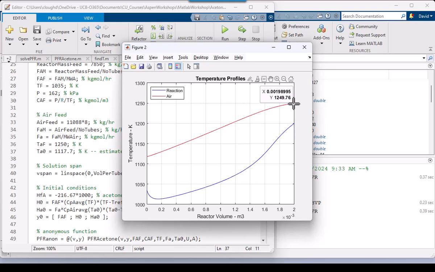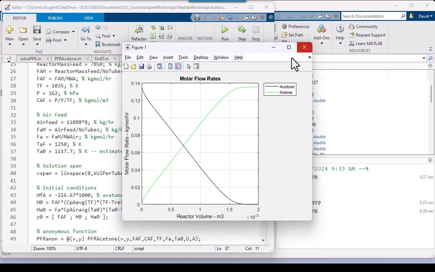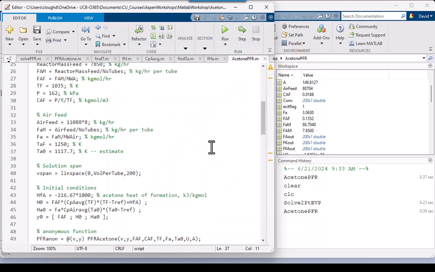So this is using the same type of approach to determine the two-point boundary value problem and solve for that using the fminunc routine. Same thing that we did with the simplified model.